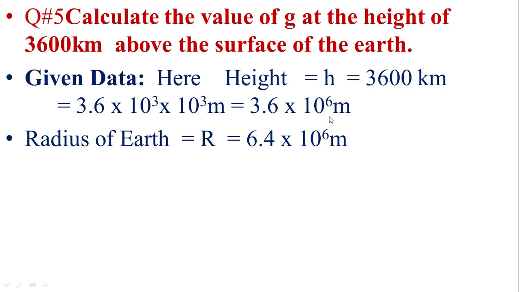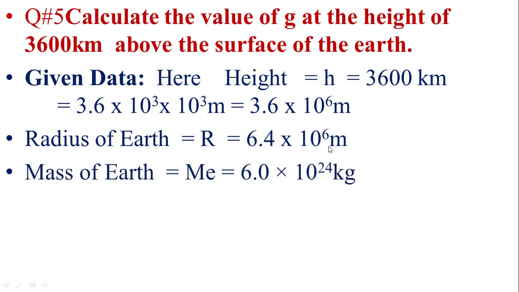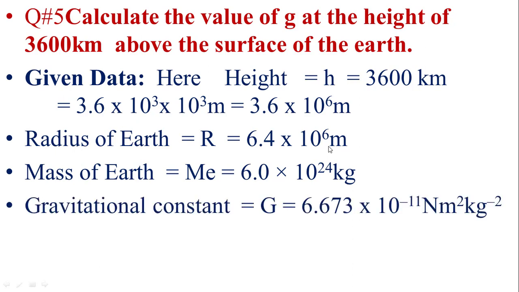And the radius of Earth, we know that its value is constant. So, R is equal to 6.4 multiplied by 10 raised to power 6 meter. Then the mass of Earth will be constant and its value is 6 multiplied by 10 raised to power 24 kg.